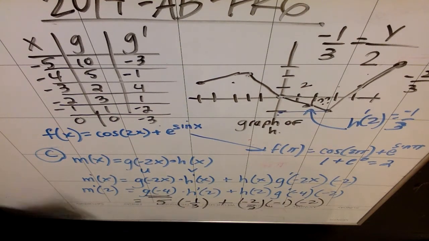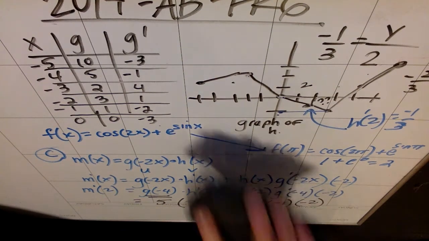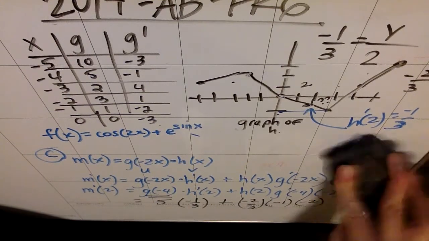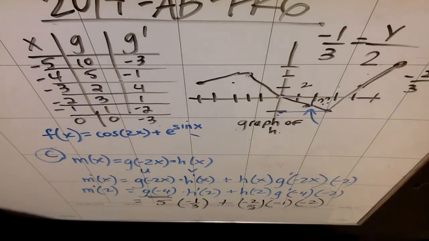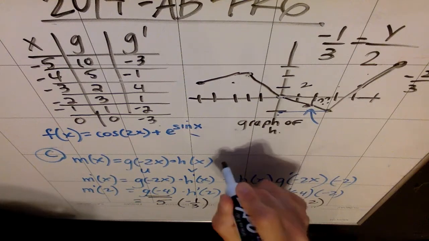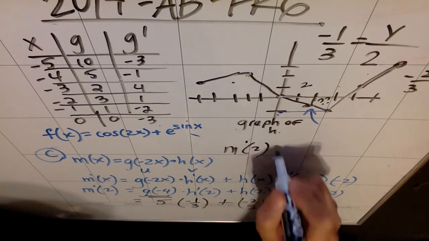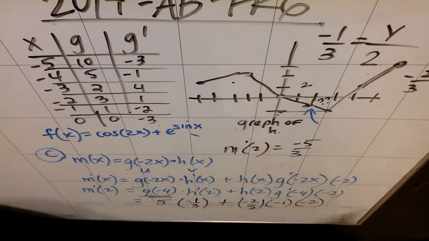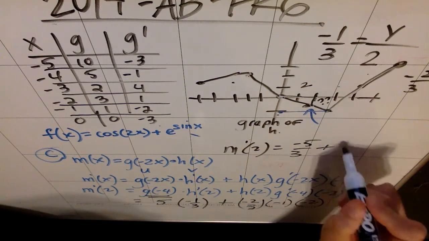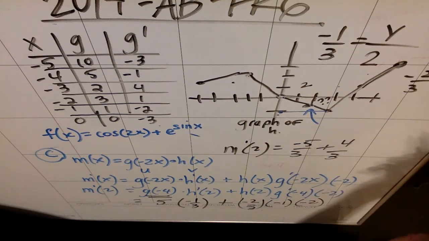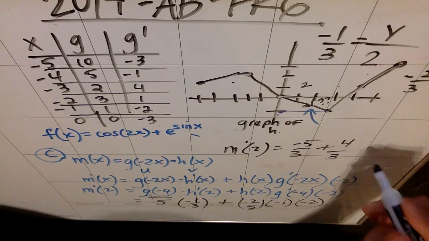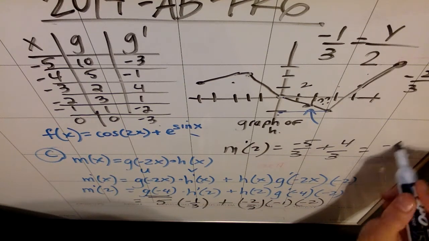So when we clean this up, again, there's no good spot to do this because holy cow, this problem has a lot going on. If I clean this up here, m prime of 2 should be a negative 5/3, and when I multiply all this stuff together, I think I get a 4/3. So after all of that ridiculous amount of work, I should get negative 1/3.